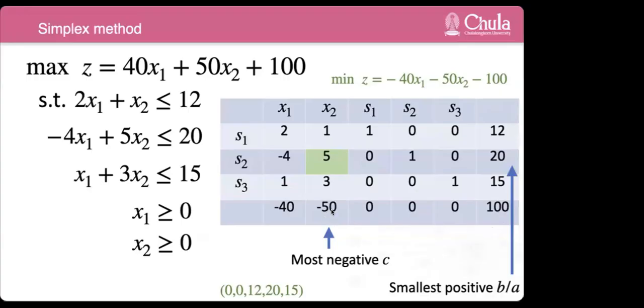What about x2? The objective function will be decreased by 50. Are we going to minimize it? Can you tell me what to do in order to improve the objective function?